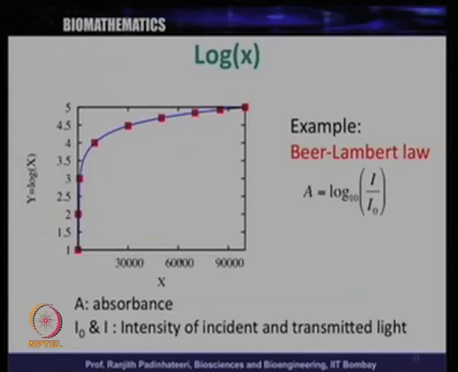The log of a big number is actually a small number. Log of 90,000 is very close to 5, just between 4.5 and 5. So keep in mind that if you take a huge number and calculate the log, you will get a small number.